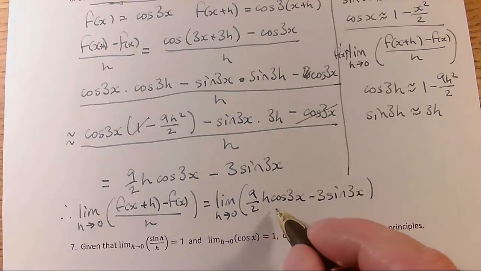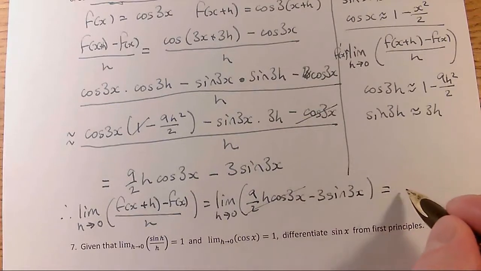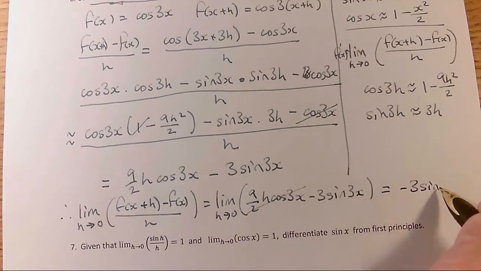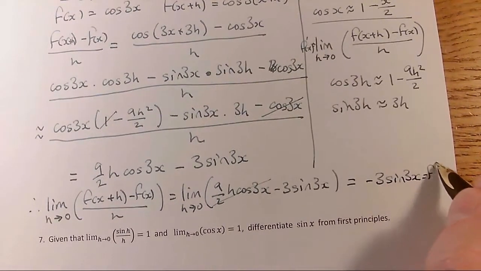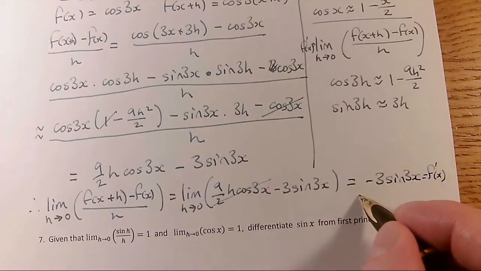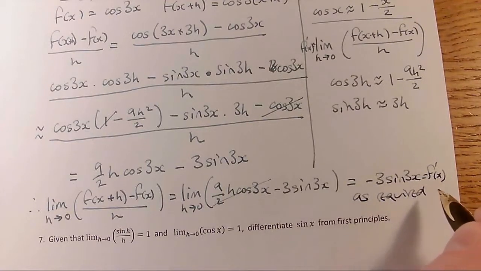But this first term in it, which has the h in it, as h gets towards 0, this term here is going to tend to 0. So the answer is just minus 3 sine 3x, which is the process for finding f dashed of x, and it was a show that, so this is as required. I've convincingly obtained the correct answer. Hooray.